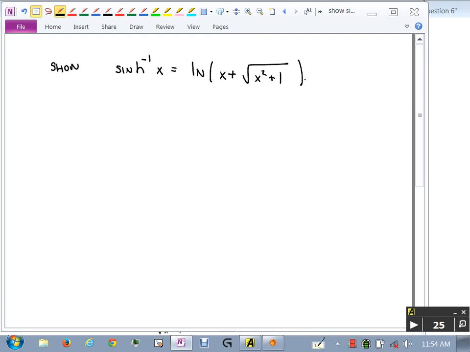What's the only information we know? The only thing that we know is the definition of sine hyperbolic. We were given that sine hyperbolic of x is equal to e to the x minus e to the negative x over 2. That's all we know. We need to show that the inverse of that function is that one up there.